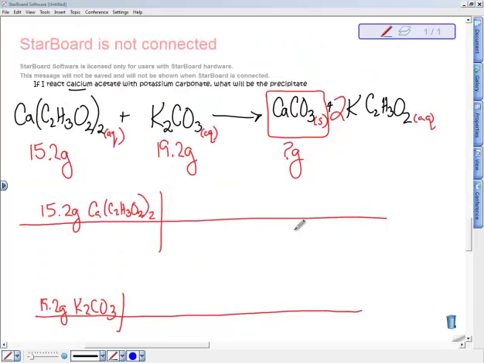Alright, here we go. This is going to take a bit of math, so I'd love it if you guys could help me check my molar masses, because I don't want to mess it up, especially not on a vodcast. Alright, I'm going to do this calcium acetate. Give me a second here. Alright, I got 158.1.